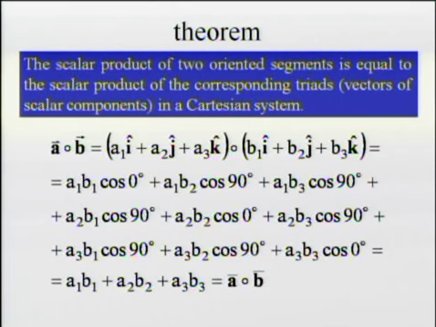I have to just take array of scalar components and multiply arrays of scalar components, and the result will be the same as multiplying the two arrows.